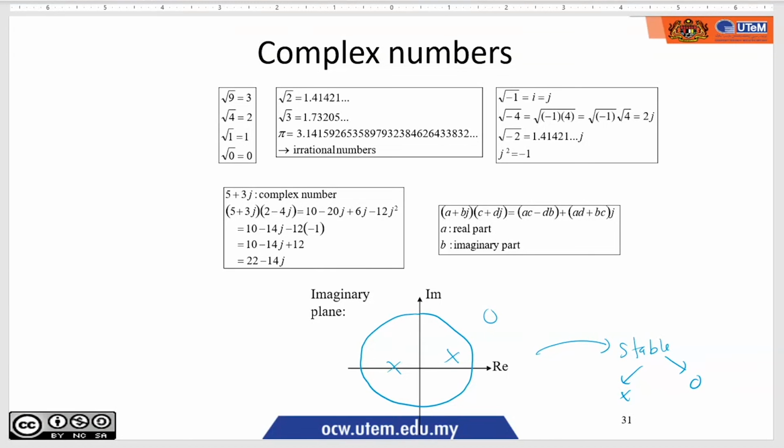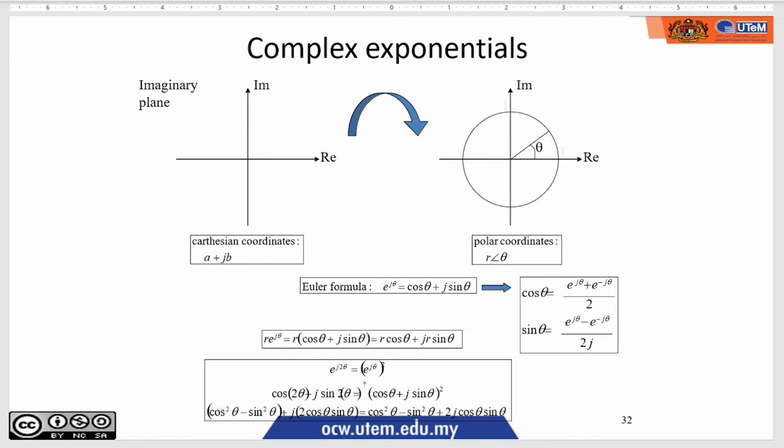So that would be the idea. This is needed to be in our mind beforehand. This one is the imaginary plane. So you need to know the meaning of this, and a + jb. The a is for the x-axis and b for the imaginary plane. So this is polar coordinates and so on.